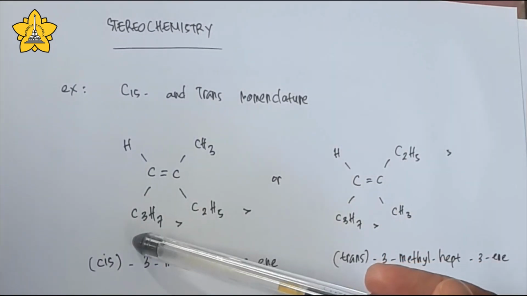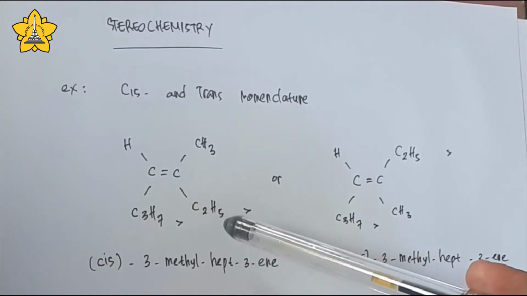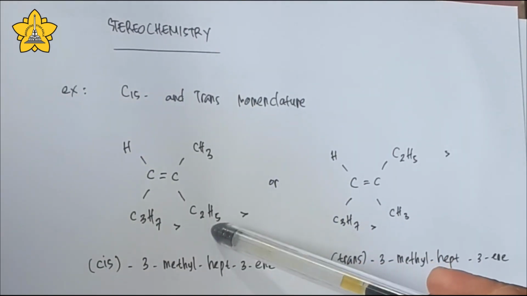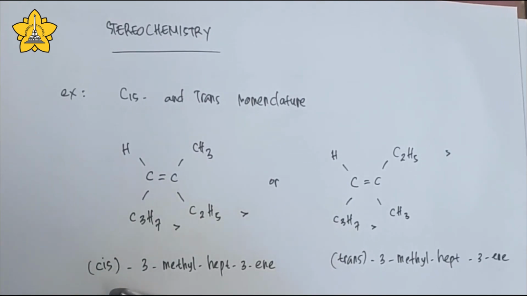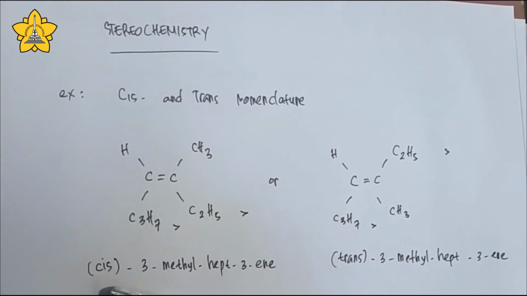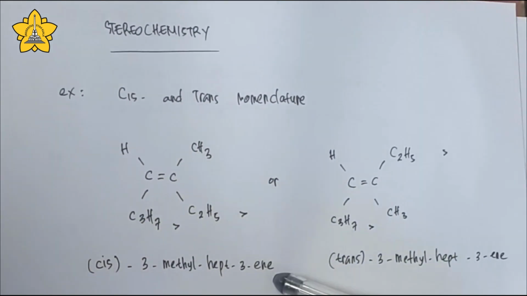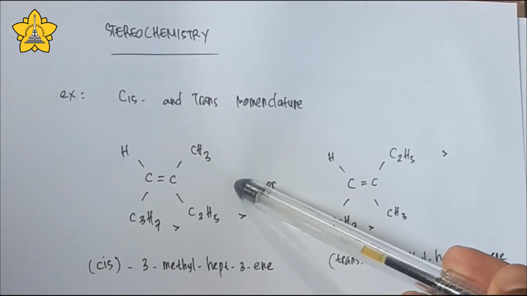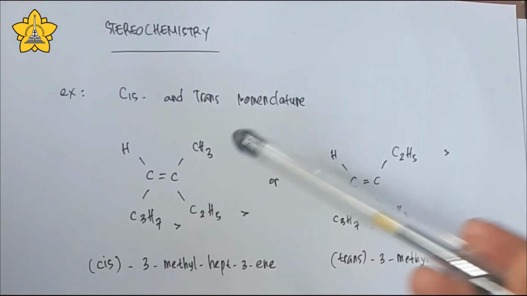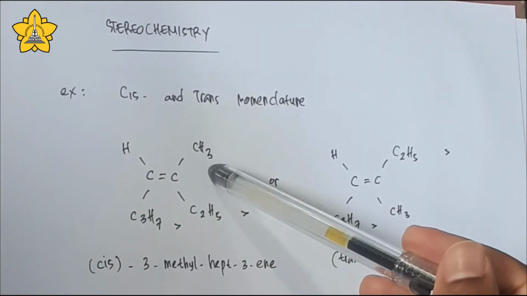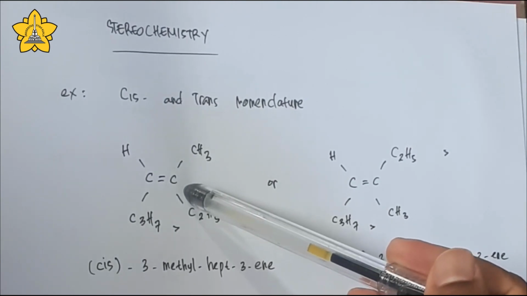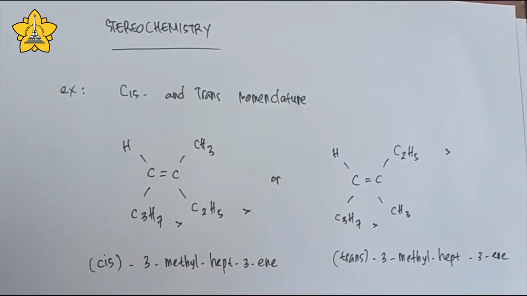Because both of these larger substituents are on the same side, we call this molecule cis. So this molecule is cis-3-methylhept-3-ene, because we have another methyl substituent on the right side, and the alkene is defined at the third carbon of these chains.